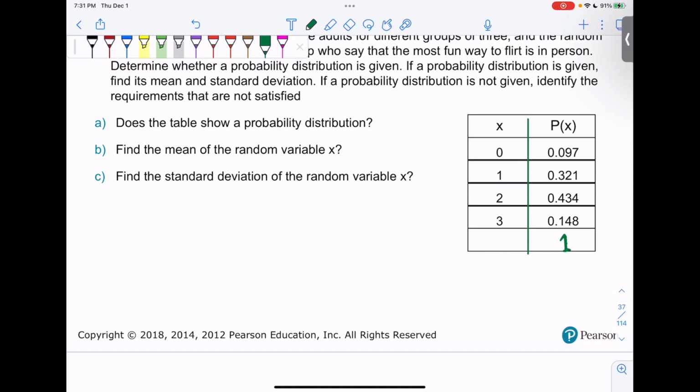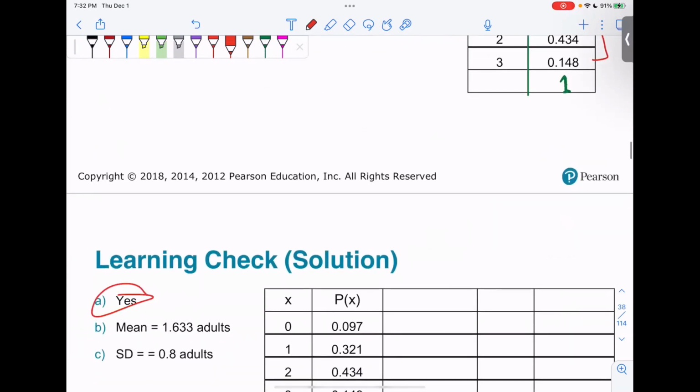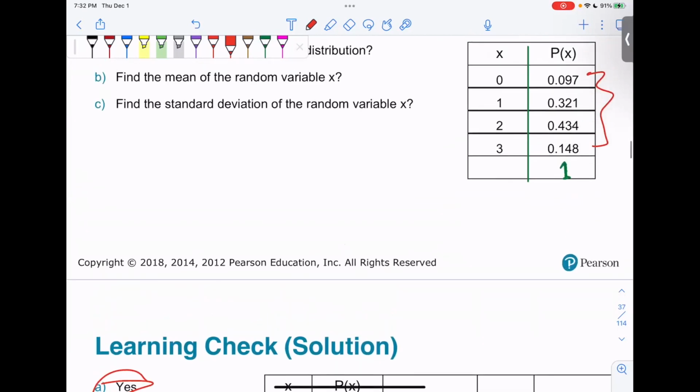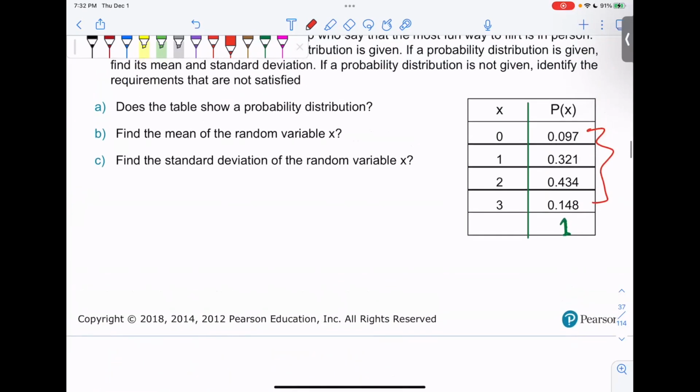The second: the summation of probability of x must be equal to 1. And the third: each single value must be between 0 and 1. The first and the third conditions are clear, and when you add those up, you get 1. That's why I wrote yes here. The summation must be equal to 1.